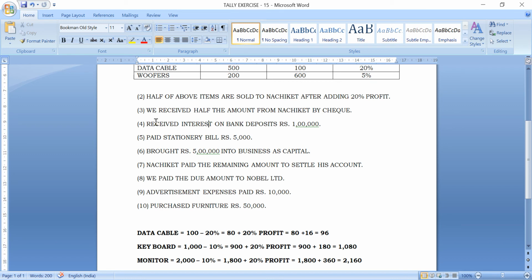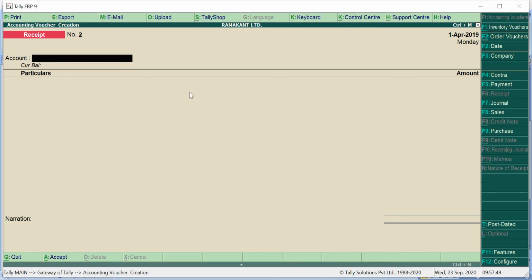Then number 4. Received interest on bank deposits rupees 1 lakh. Again, received means receipt.